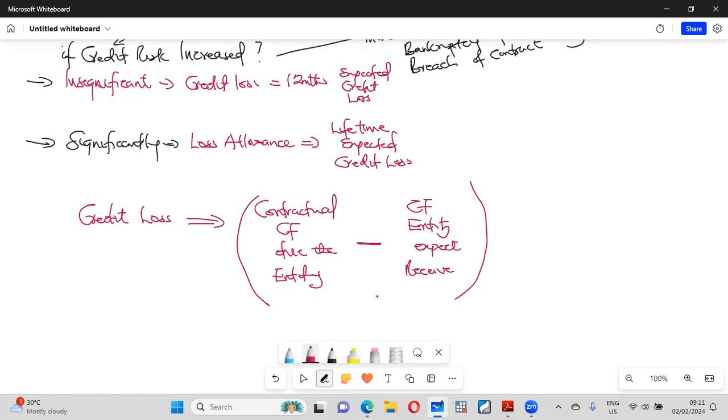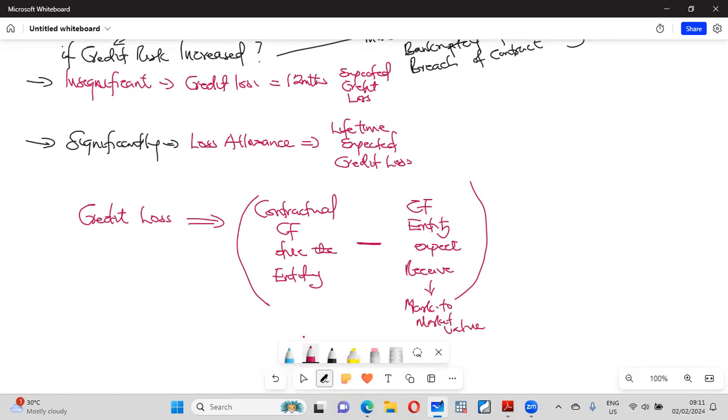So the difference is a credit loss. What is due you, which is your interest and your principal, minus what you actually receive. What you actually receive, they call it mark-to-market value. That is what you receive.